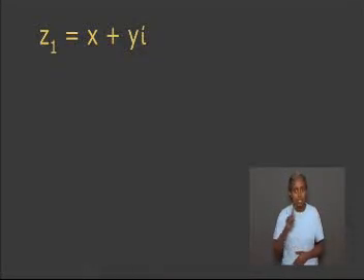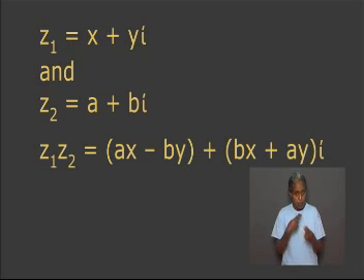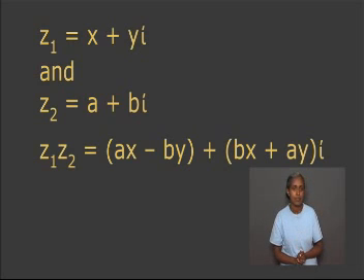If Z1 is expressed as the sum of x and y iota, and Z2 is expressed as the sum of a and b iota, then the product of Z1 and Z2 is given this way: the difference of ax and by plus the sum of bx and ay times iota.